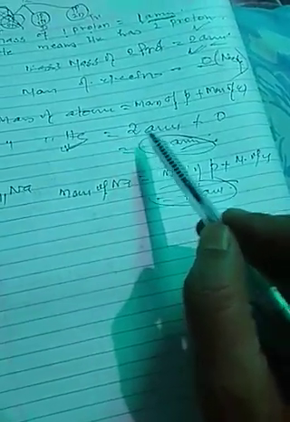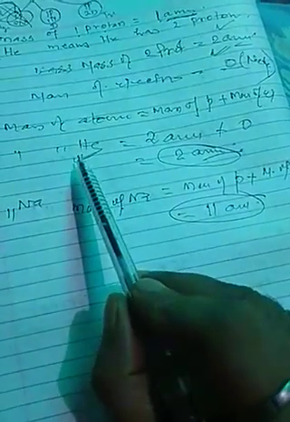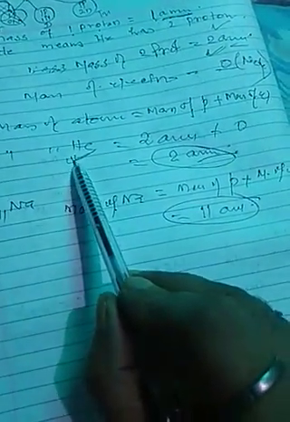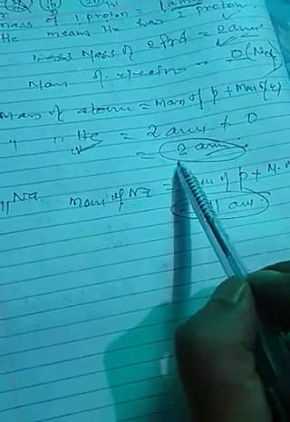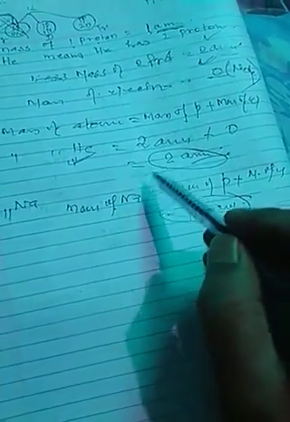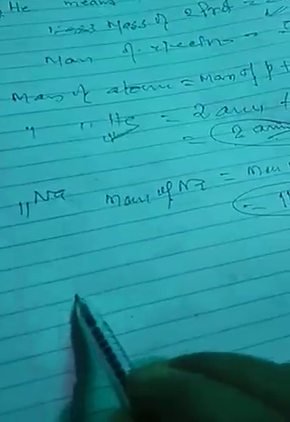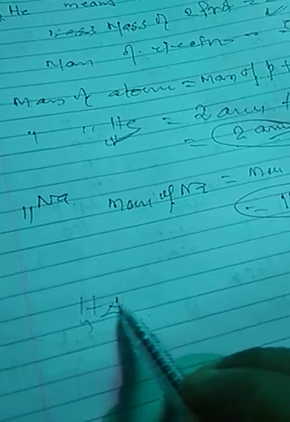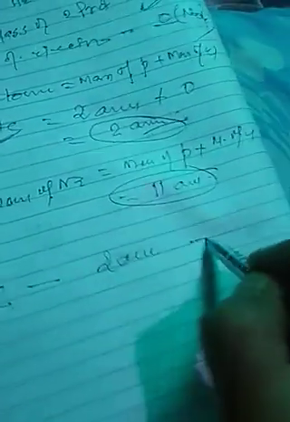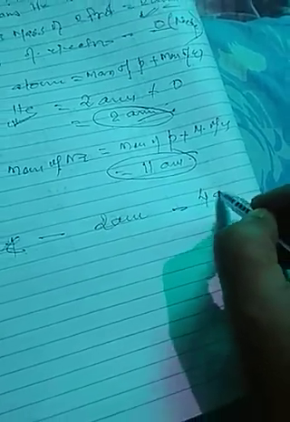After the discovery of the electron and proton, when scientists started calculating the mass of an atom, they found the mass of a helium atom should be 2 AMU, but it was found to be 4 AMU.